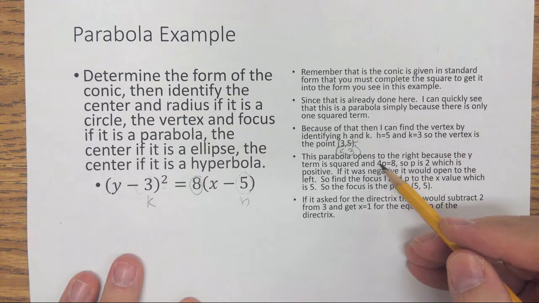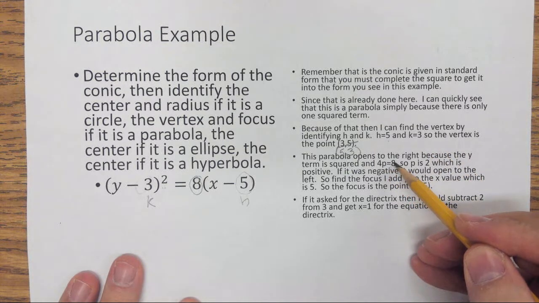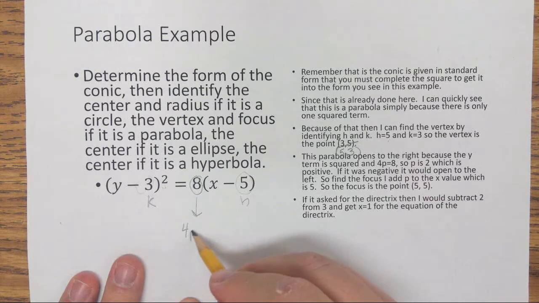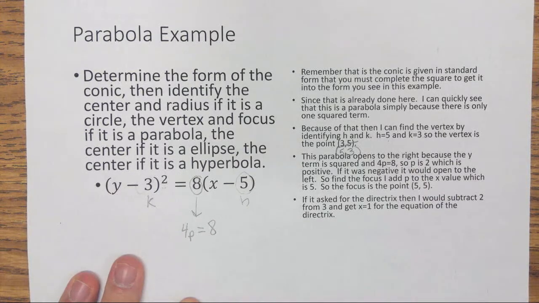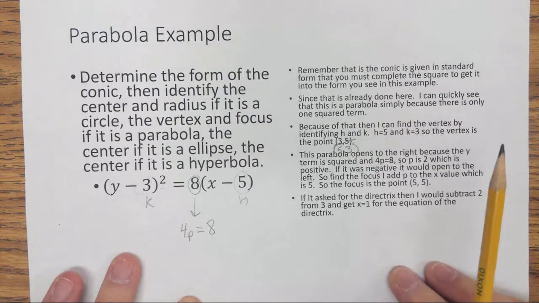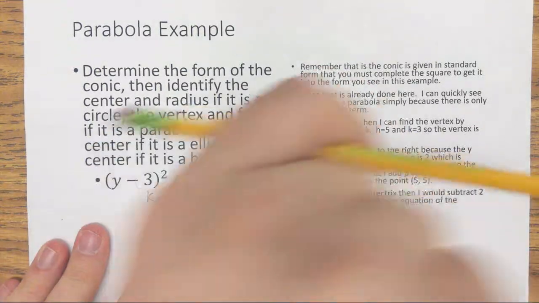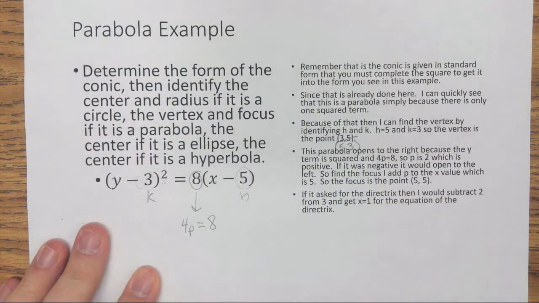So I know that 4p equals 8. So essentially I'm taking this number and I'm saying, okay, 4p equals that number. I divide both sides by 4 and I get p equal to 2, which is positive. So that tells me that it's opening to the right. It's opening in a positive direction. If it was negative, it would open to the left.